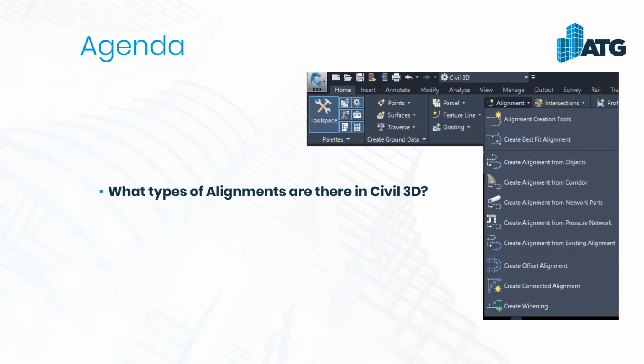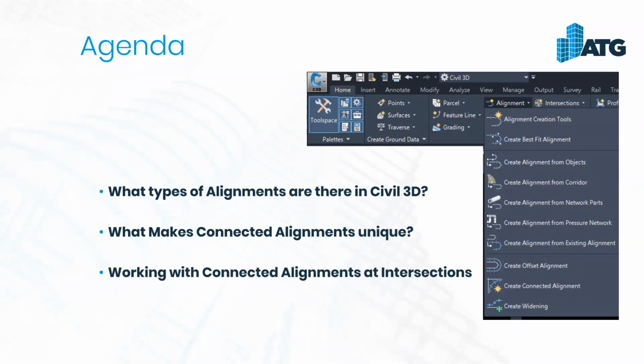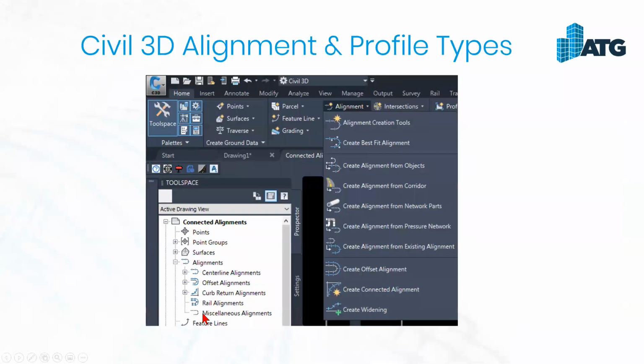So we'll go over my category for how those are defined, a little bit different than what the interface shows you. Next, we're going to talk specifically about our topic today, connected alignments, and what makes those so unique and so powerful for this problem of designing an intersection in a corridor. And then we'll get into the software and start working with those connected alignments at our intersections.